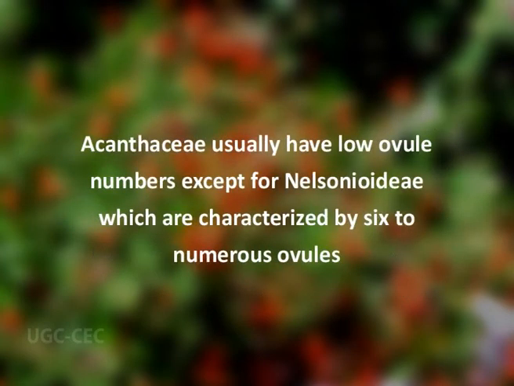Reduced ovule number may be synapomorphic for Acanthaceae except Nelsonioids, whereas Nelsonioideae are characterized by 6 to numerous ovules.